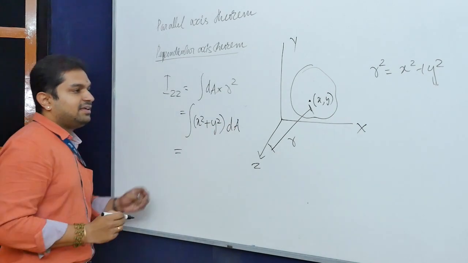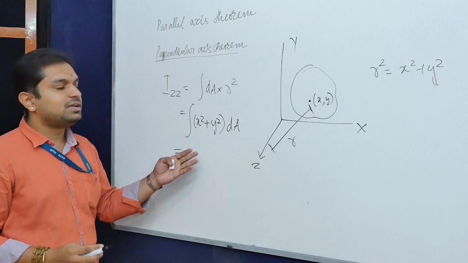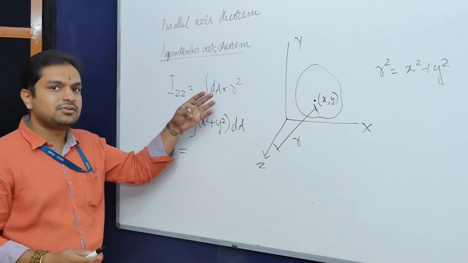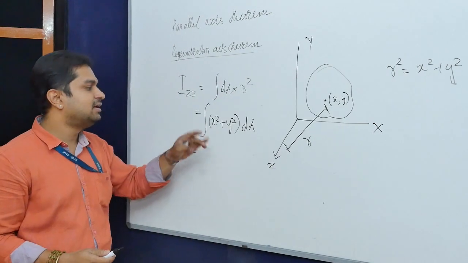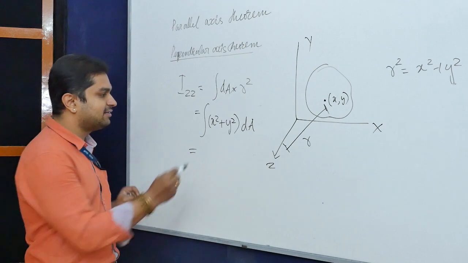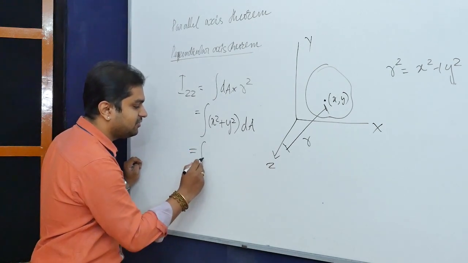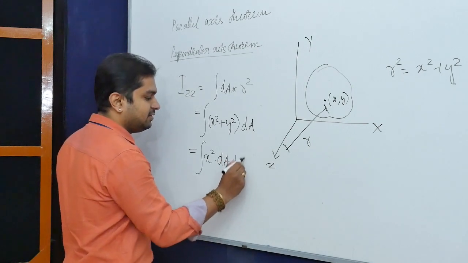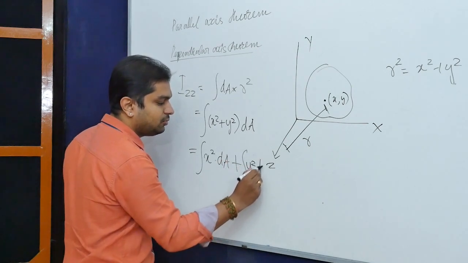As discussed previously, the distance y is always the distance of the centroidal point of the individual shape from the x-axis, and the distance x is the centroidal distance of the individual point with respect to the y-axis. We'll separate out these equations.